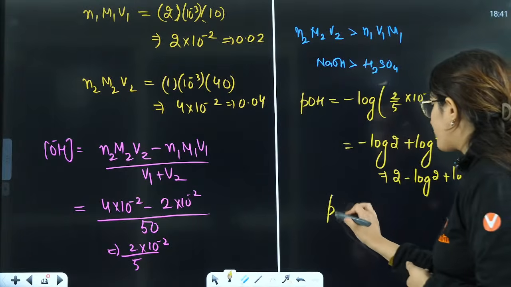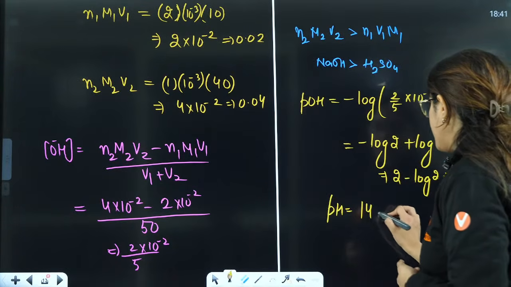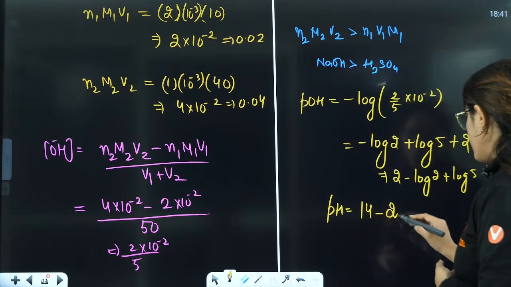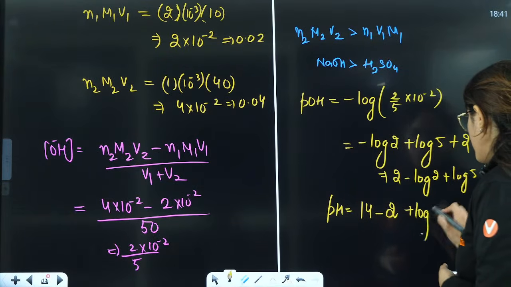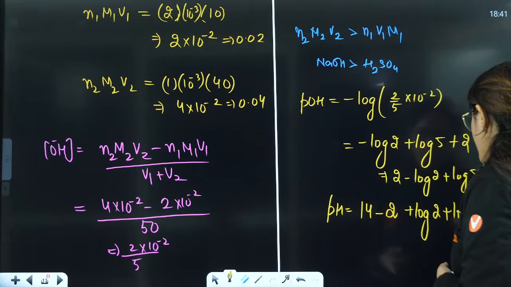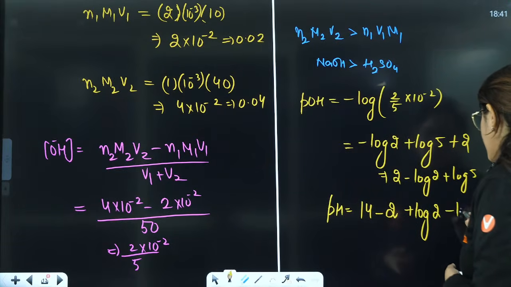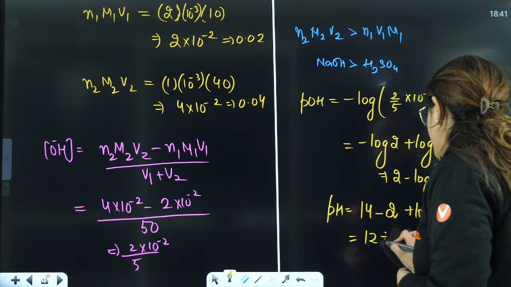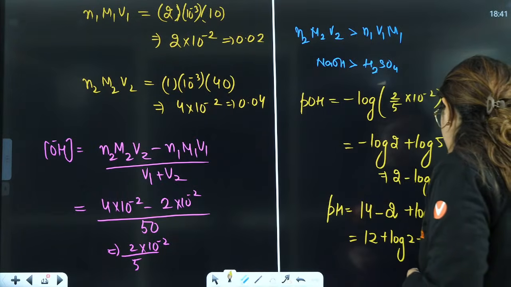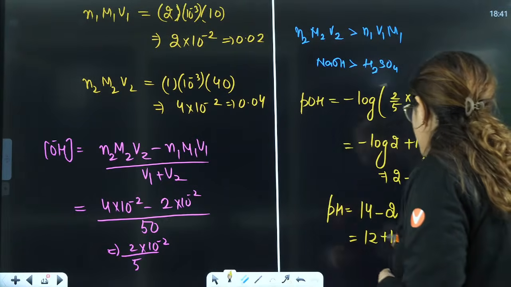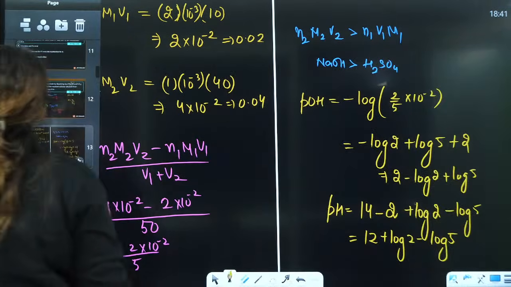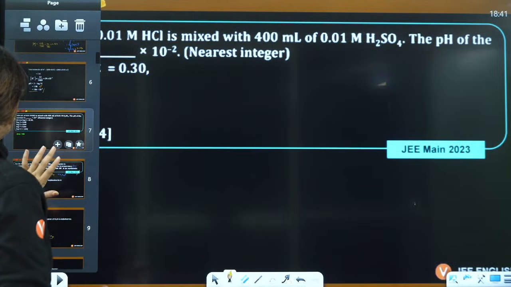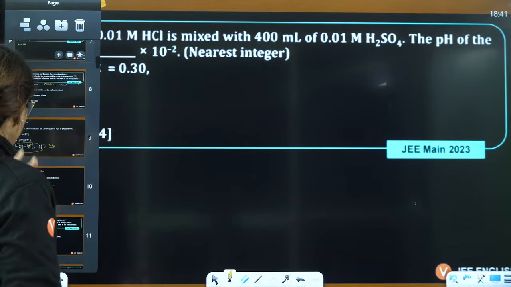What is the value of pH? pH is 14 minus pOH. This is minus 2 plus log of 2 minus log of 5, right? Then you solve this. This will be 12 plus log of 2 minus log of 5, right? And solve this. Log of 5, wait a minute, log of 5 is 0.69, right?